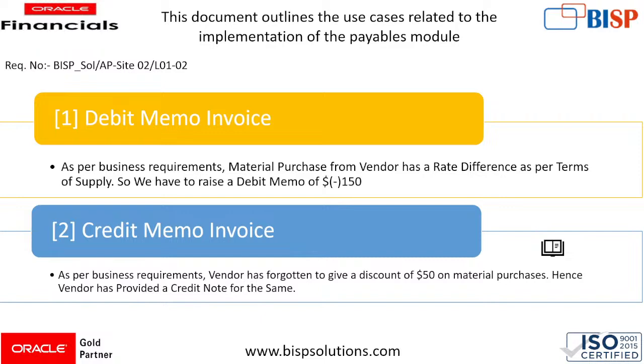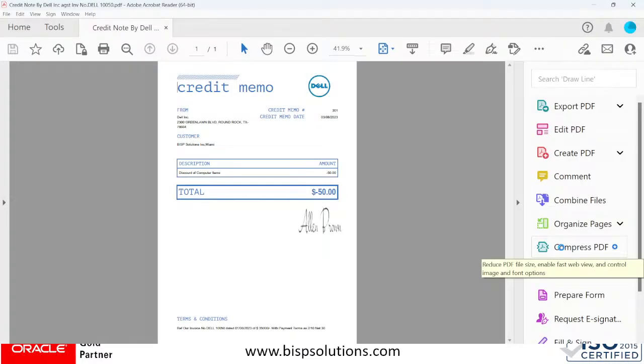As per business requirement, the vendor has forgotten to give a discount of $50 on material purchase, hence the vendor has provided a credit note for the same. The copy of the credit note is provided by the vendor or supplier. Here you can see Dell Computer has provided the credit memo.